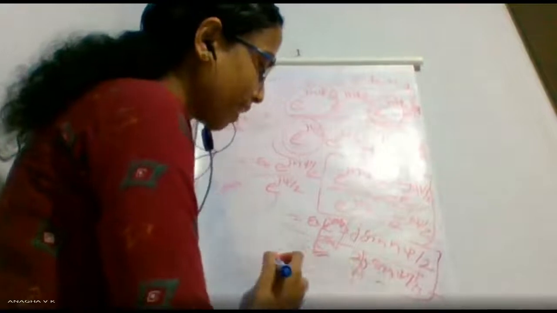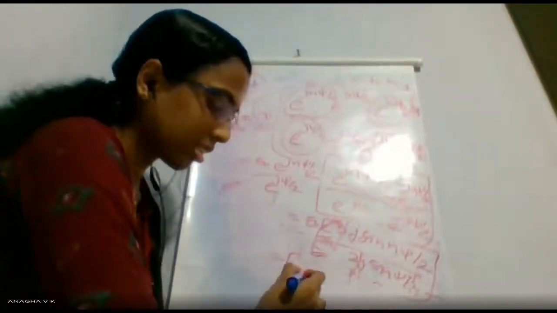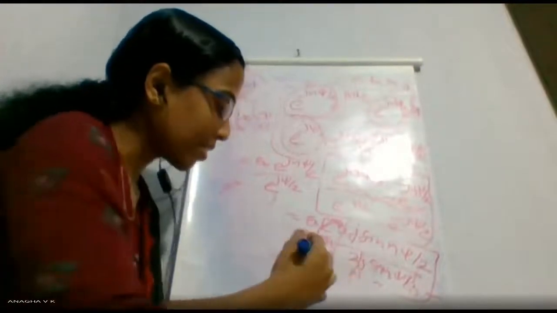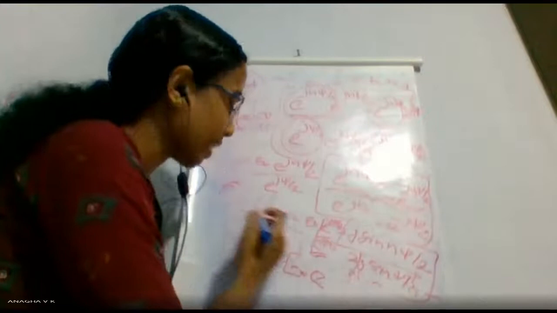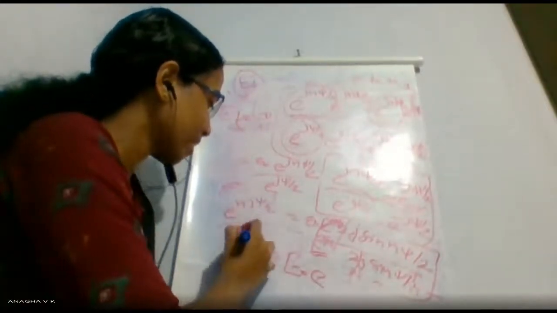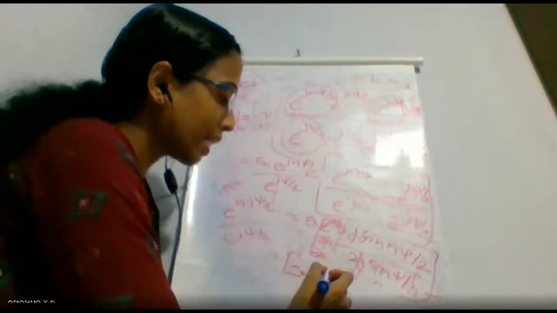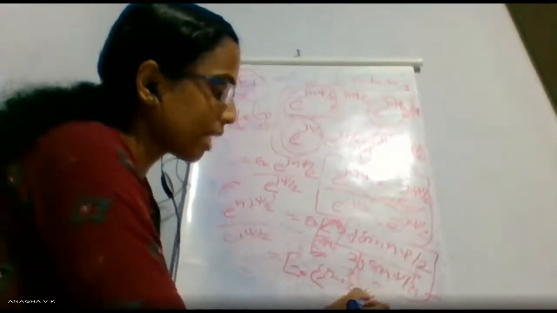Finally, what will we get? E naught e raised to n j psi by 2 minus j. Okay. e raised to n j psi by 2 by e raised to j psi by 2 means what? e raised to n minus 1 j psi by 2.